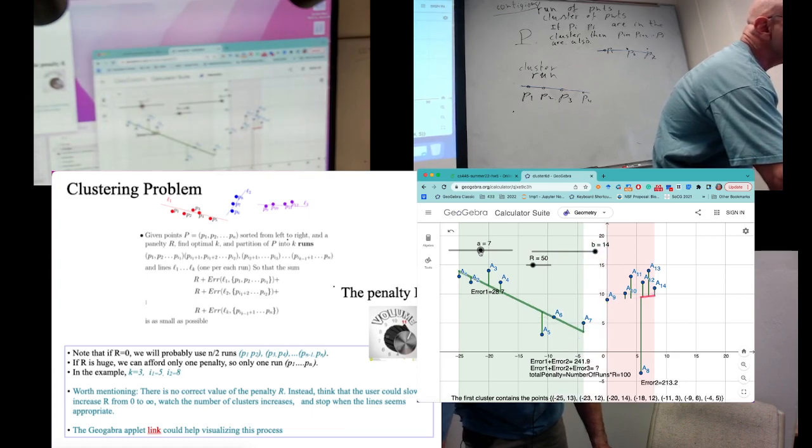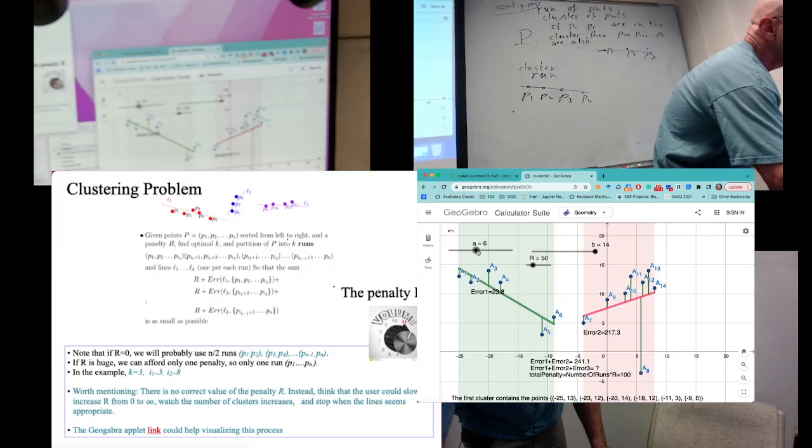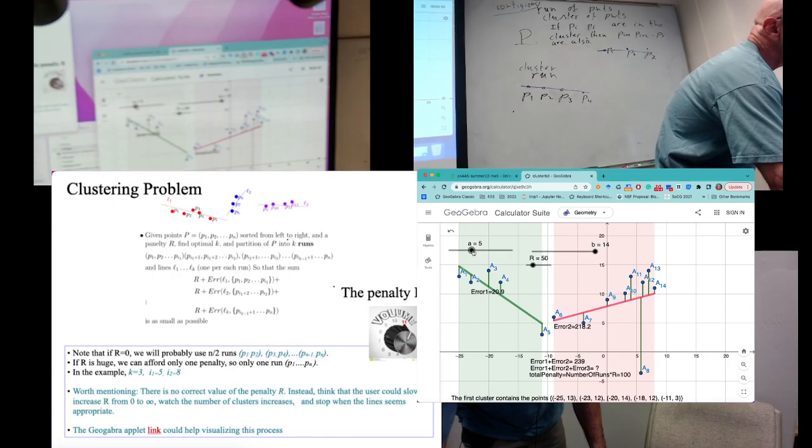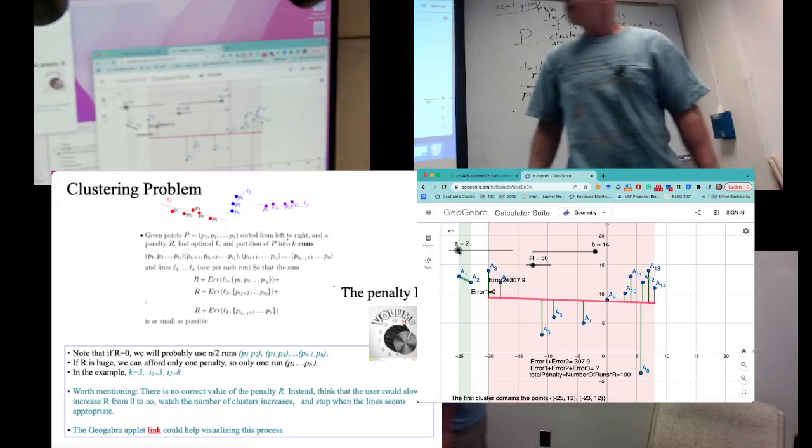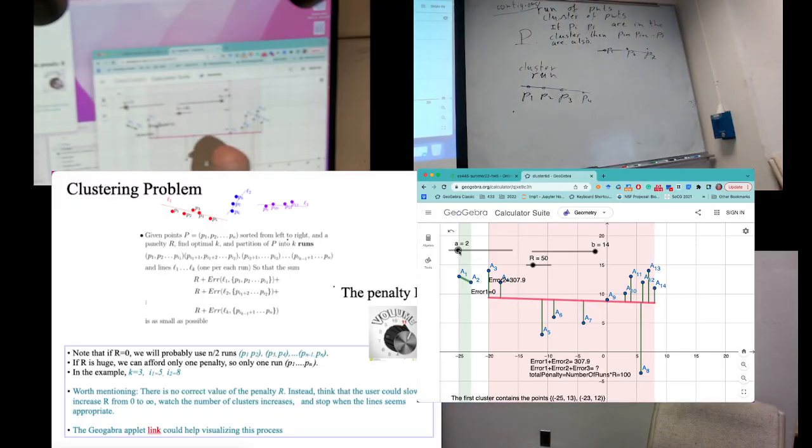Namely, I can have fewer points in the first cluster and more points in the second one. Let's assume that I take only the first 2 points to be in the first one. Is there a line that fits them well?